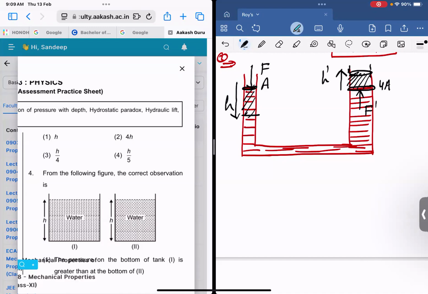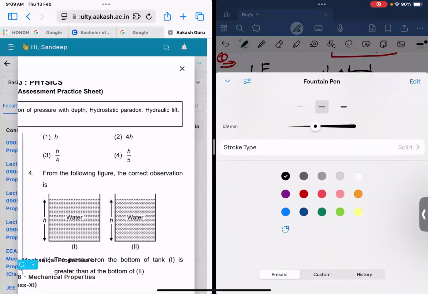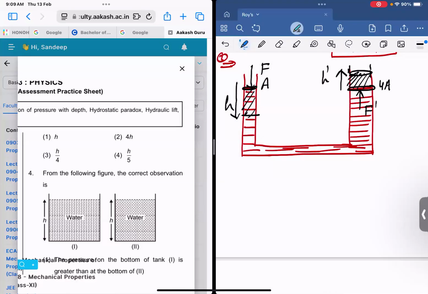Understood? Yes, sir. Understood. So I'll take this horizontal level here. If you take this point and this point, pressure should be the same.